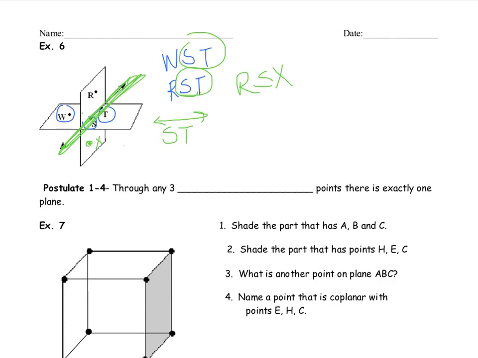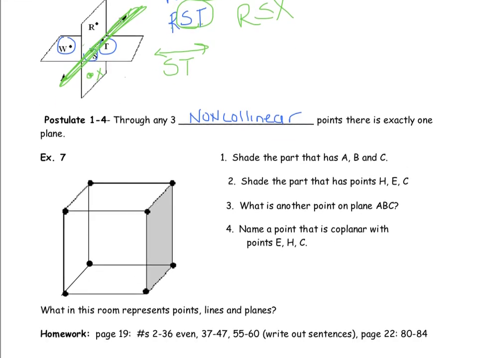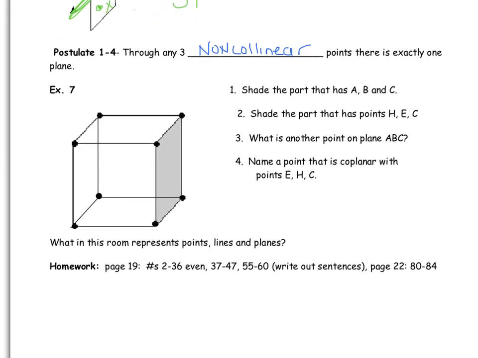Alright, and then postulate 1.4 says through any 3 non-collinear points there's exactly one plane. That's just like through any 2 points there's exactly one line.